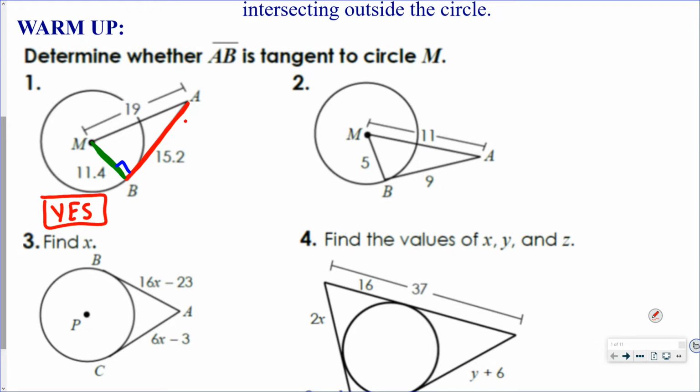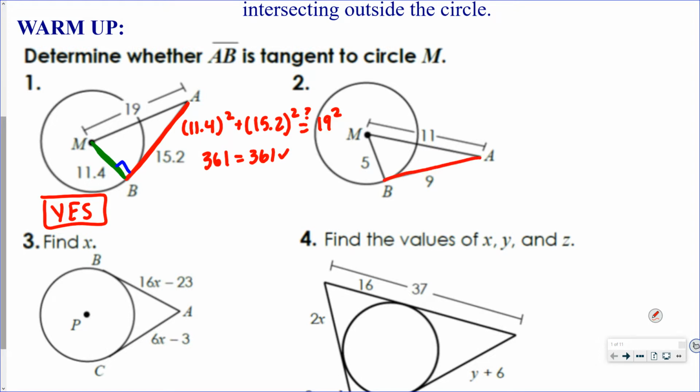Okay, so you would do the 2 legs squared. You're supposed to see if that equals the hypotenuse squared. And it did. We got 361 equals 361. Okay, good. And the second one, here's my tangent line.